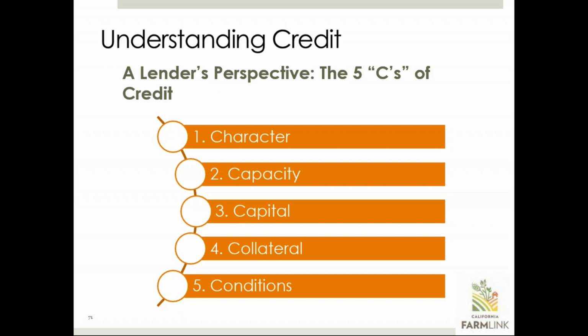A very common condition in business lending, if the loan is for more than 1 year, is that when the annual tax returns are available, they be provided to the lender to just be able to monitor the health of the business.